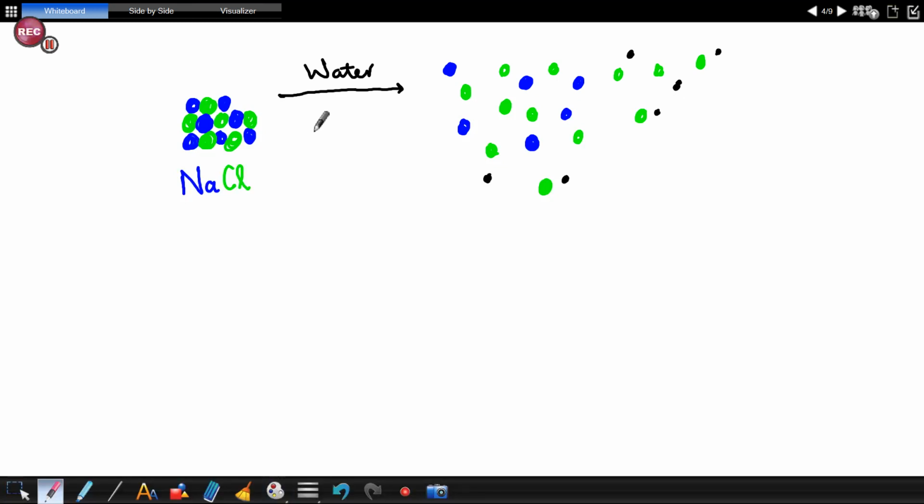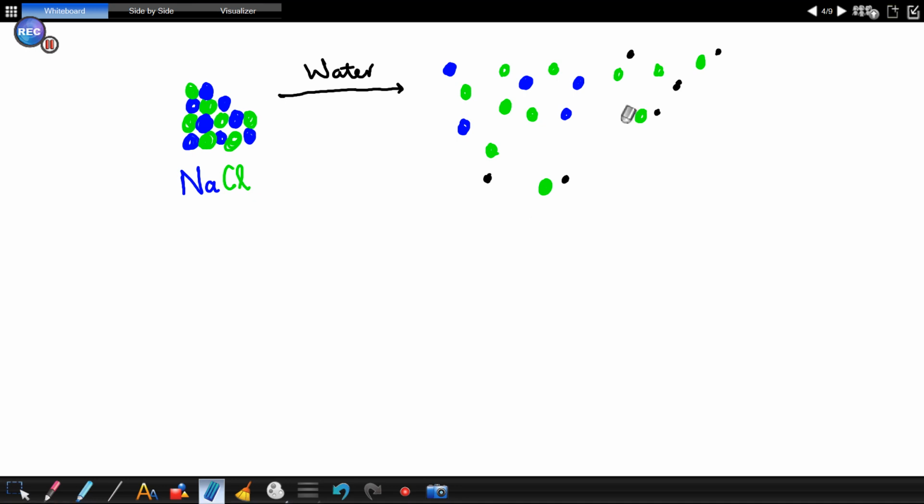Not all the ions will be used up. So put some extra green balls into your solution. The extra green balls in your solution will now come together with a sodium to make another part to the crystal. So you're building back on your crystal.